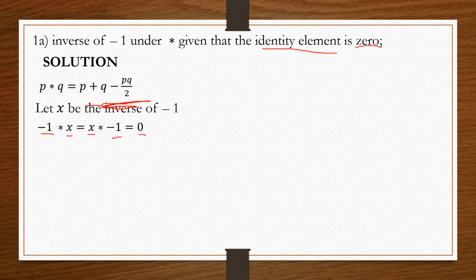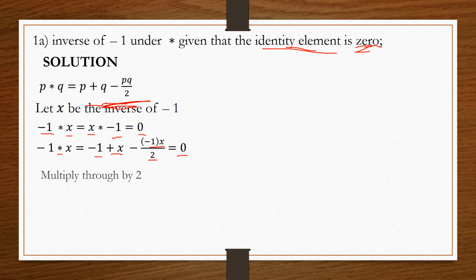A number star its inverse equals the identity element, and here our identity element is 0. So we apply the definition of this binary operation, which is minus 1 plus x minus (minus 1 times x) all over 2, still equal to 0.